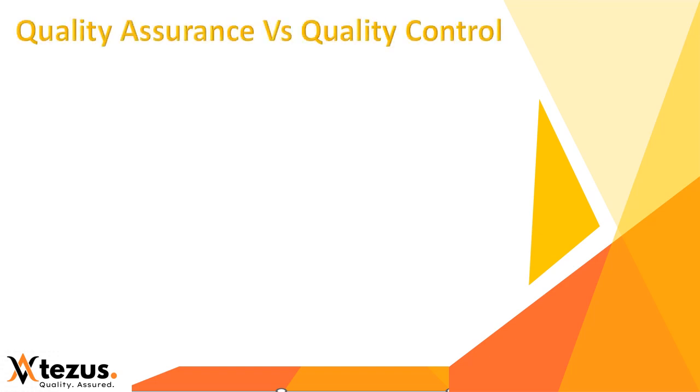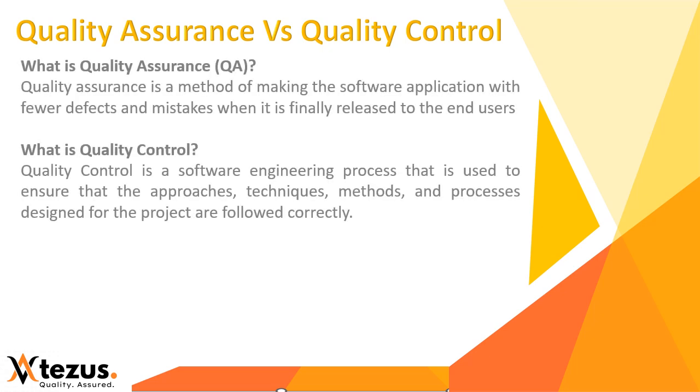So now let us see how quality assurance and quality control work in software testing. What is quality assurance and what is quality control? Quality assurance is a method of making the software application with fewer defects and mistakes when it is finally released to the end user. Quality assurance is more about processes.